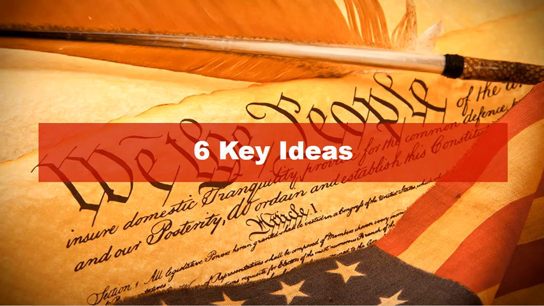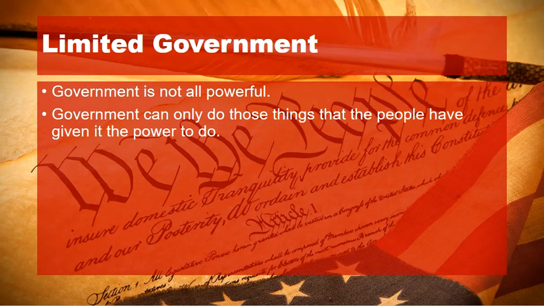So, as I mentioned earlier, this week's lesson deals with what the 6 key ideas of the Constitution are. So I'm going to start off with limited government. Government is not all powerful. The government can only do those things the people have given it the power to do. And that's through our representatives.